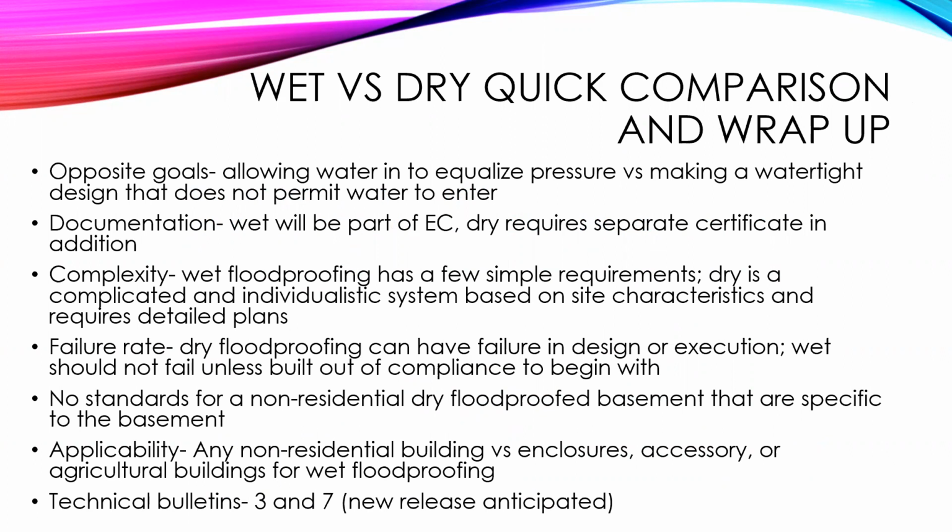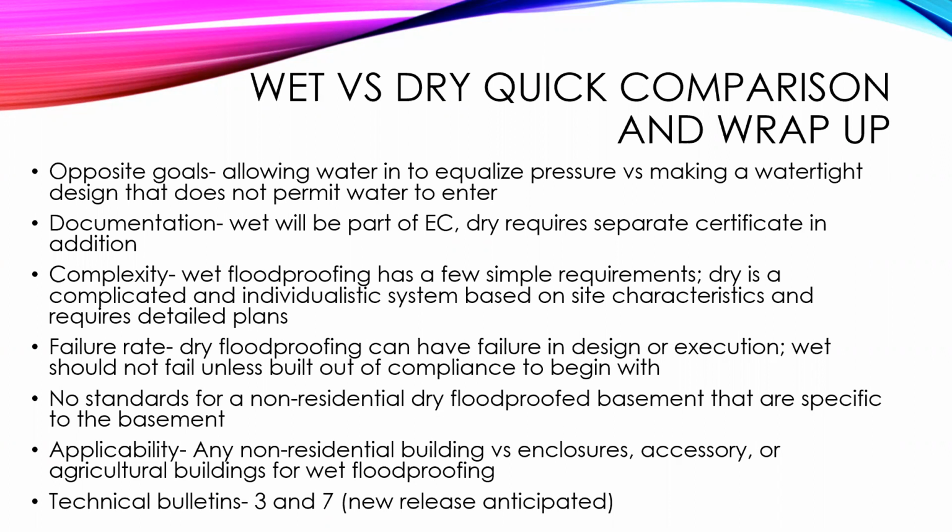And so again, wet and dry are kind of opposite. They have opposite goals of either allowing water in or trying to keep water out as much as possible. Wet floodproofing, you need the elevation certificate potentially, depends on what it is. Maybe a variance, always a permit, everything needs a permit.